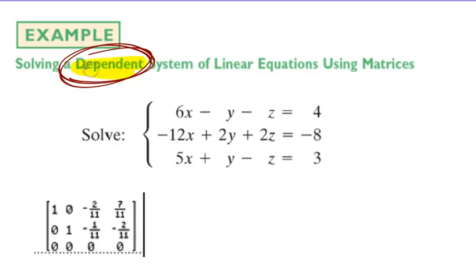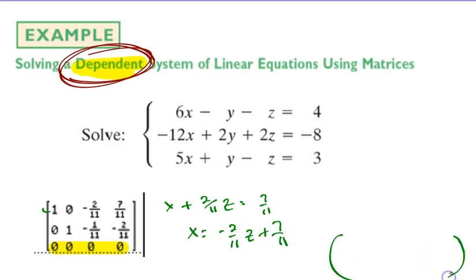That's what dependent means, because 0 does equal 0. Let's continue writing this. This top equation says x plus 2/11 z is equal to 7/11. So solving for x, I would say x is -2/11 z plus 7/11. And then when I write the equation, I'll just put that here, -2/11 z plus 7/11.